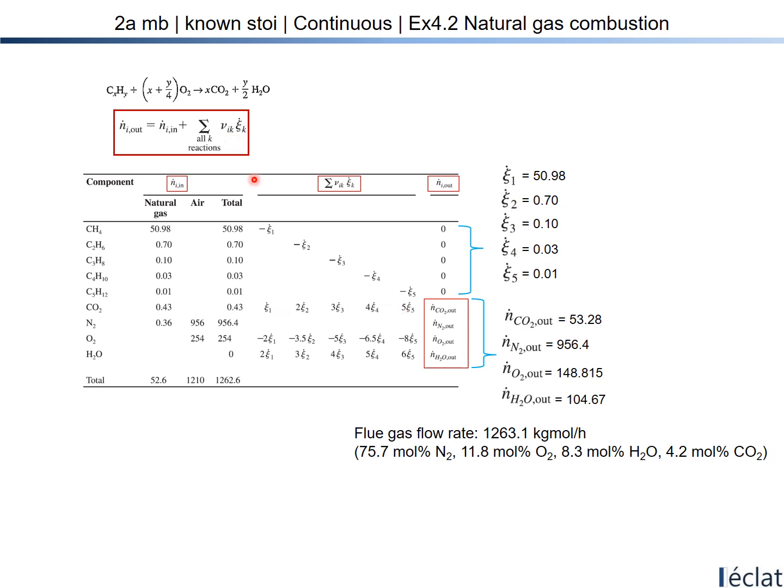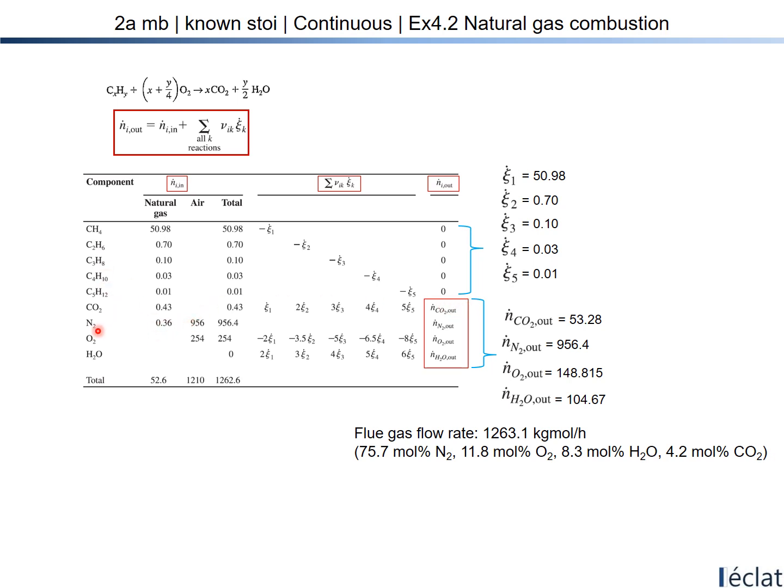Also, the stoichiometry coefficient of CO2 is x in the alkane. I mean, x is the number of carbon. So, plus 1 for the first chemical reaction equation, plus 2, plus 3, plus 4, plus 5. Then this is equal to the number of CO2 in output.